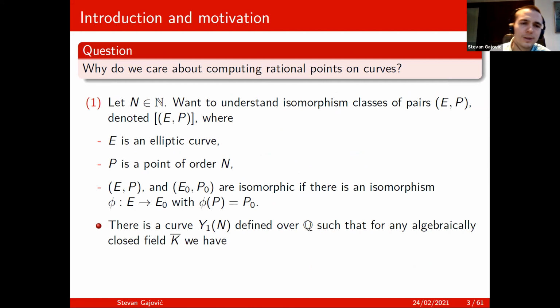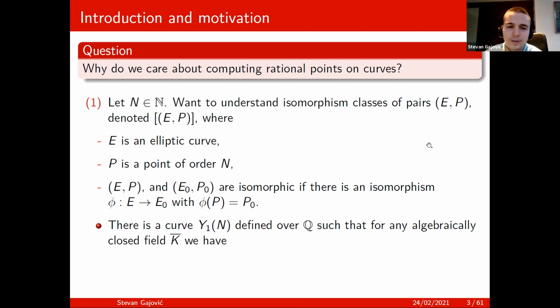If we want to classify points of order n on elliptic curves, we can consider isomorphism classes of elliptic curves E and points of order n on them. We consider them together because then we can parameterize them using some moduli spaces. This is the simplest case, and there is a curve that parameterizes such classes.